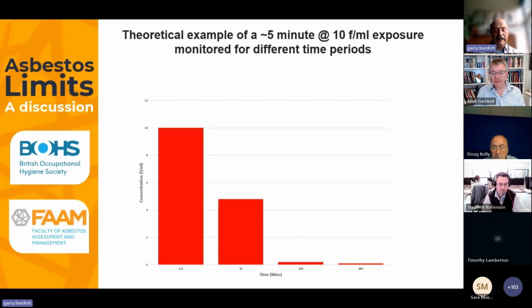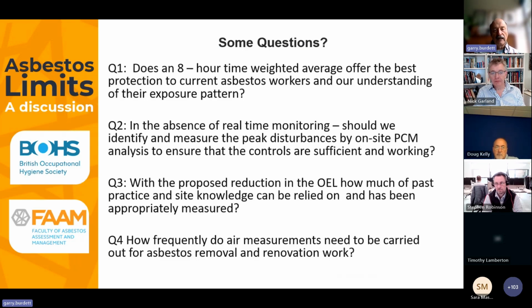But is that an acceptable thing we want to happen? Do we want people exposed to high peaks without knowing about it? So how best can we monitor and understand workers' exposures in the current environment?